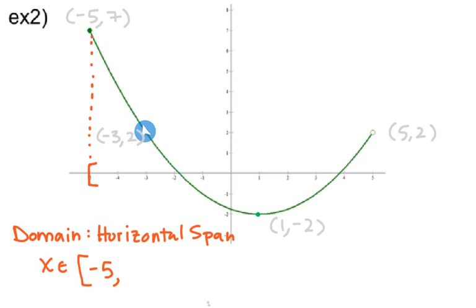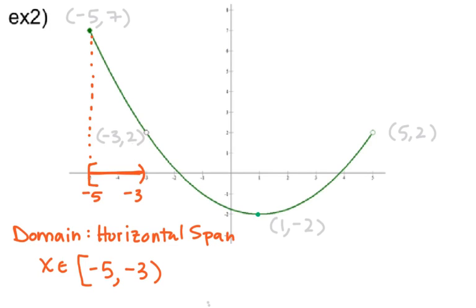And as we are drawing, eventually we reach a hole. When you reach a hole, you'd have to pick up your pencil. So that means we only have this interval from -5 to -3. So -5 to -3. And since I can't touch -3, I'm going to draw that with a parenthesis.